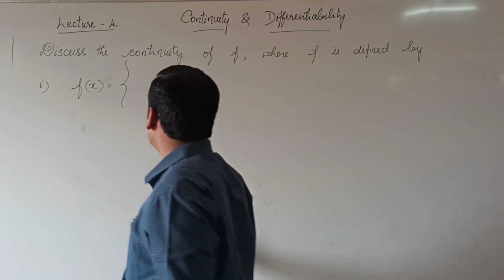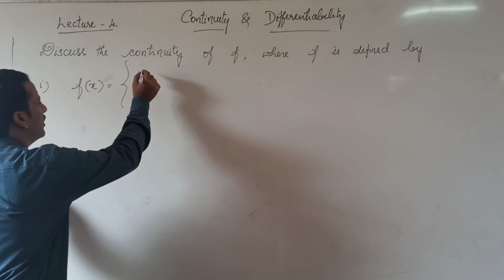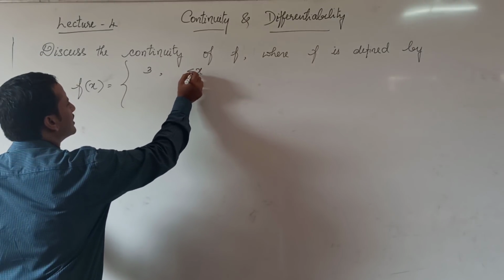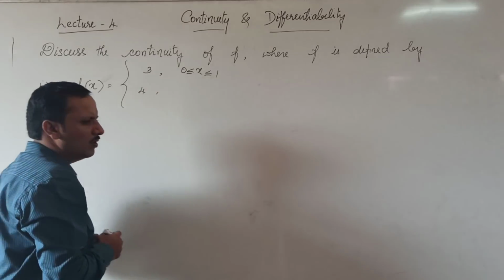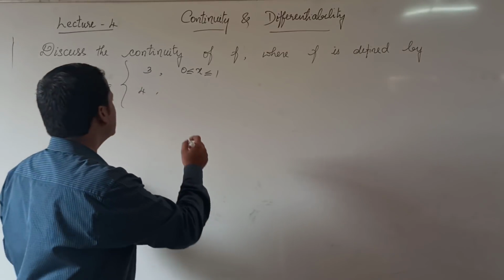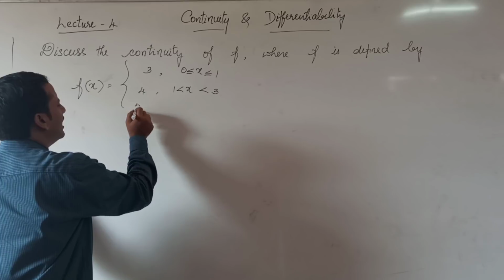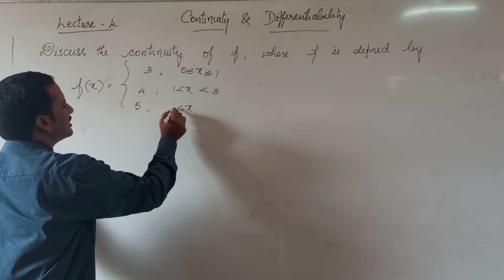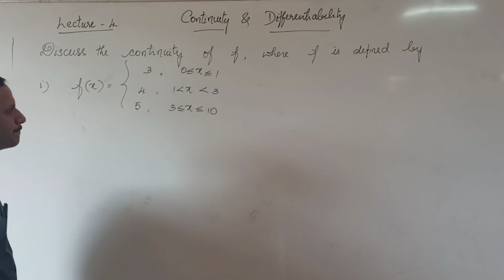F of x is equal to 3 if x is greater than 0, less than or equal to 1. And it is 4 if x is greater than 1 but less than 3. And it is 5 if x is greater than or equal to 3 and less than or equal to 10.